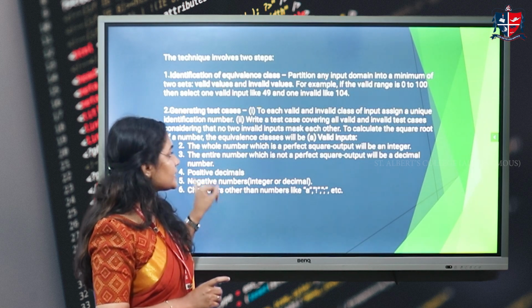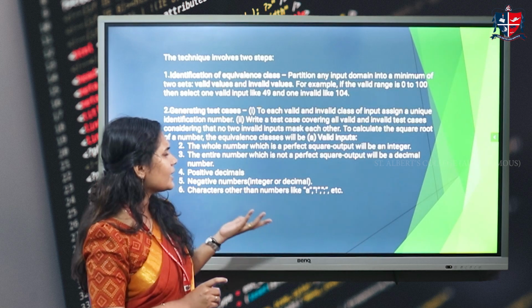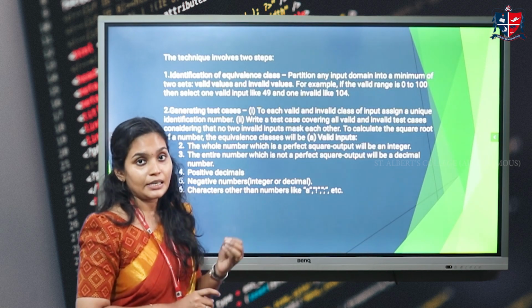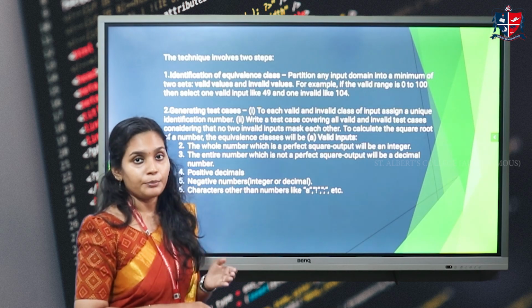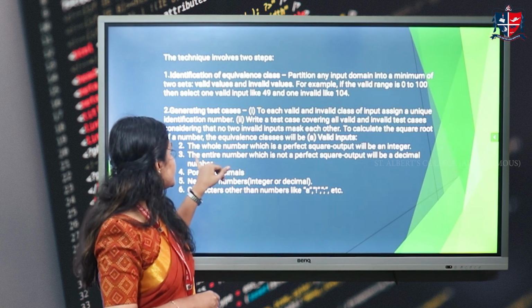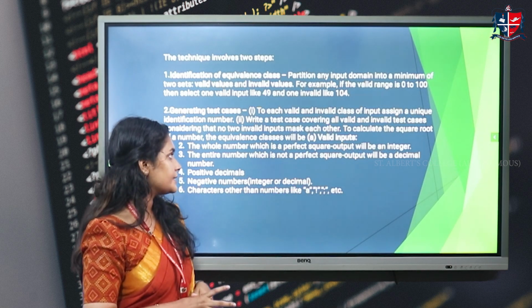These are the main steps when you create equivalence partitioning for a particular input. The whole number which is a perfect square gives an output that will be an integer.